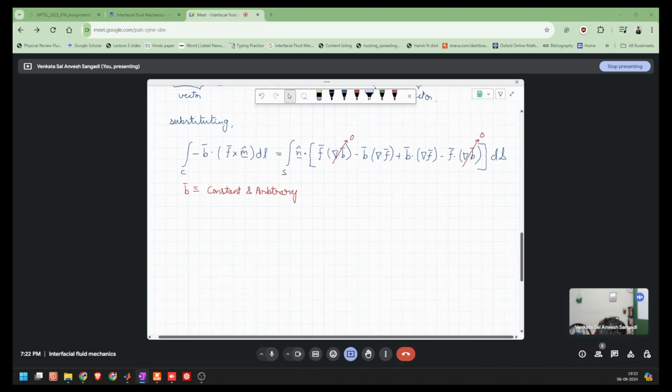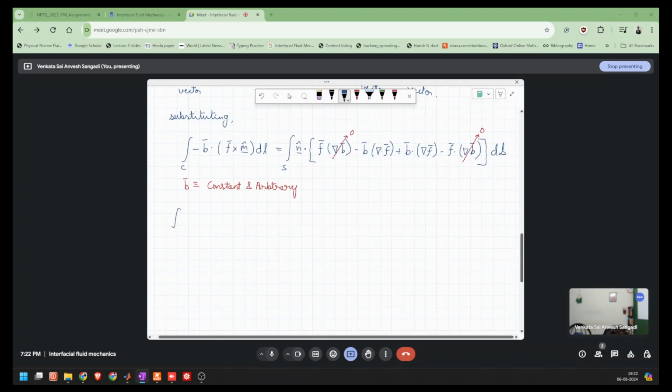Therefore, making the simplification and rewriting, minus B vector dot F cross M dl over the contour is equal to the surface integral of n hat dot.